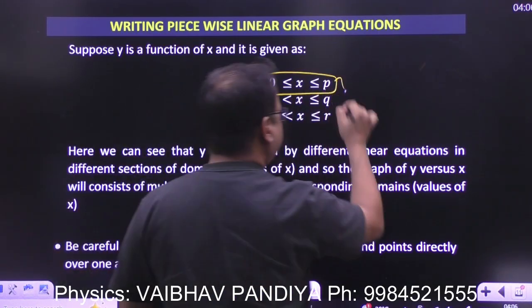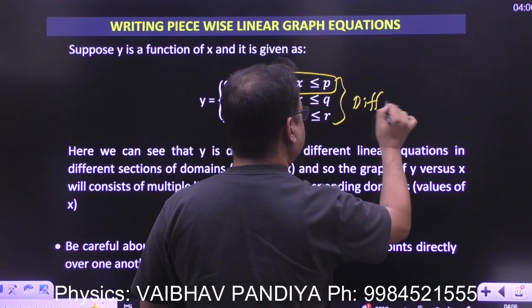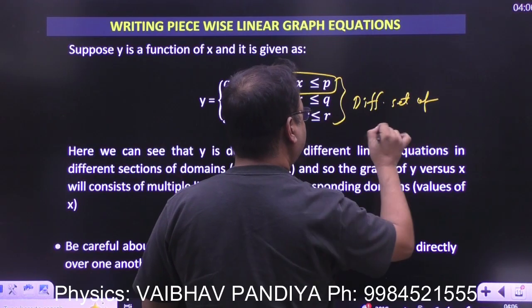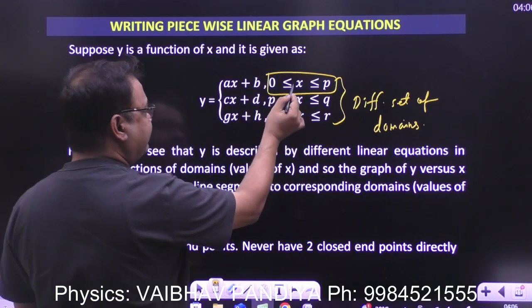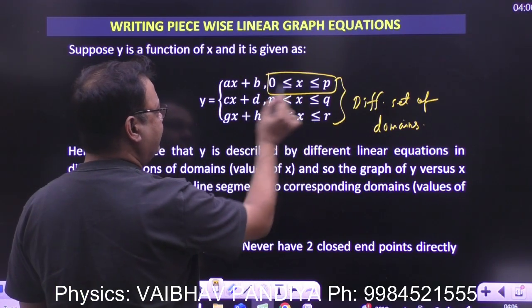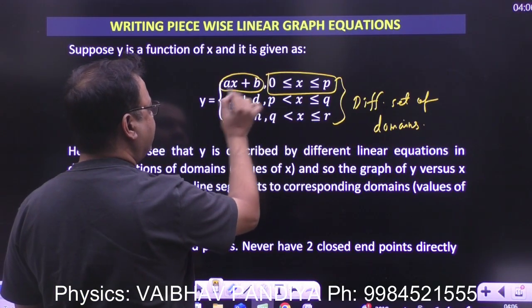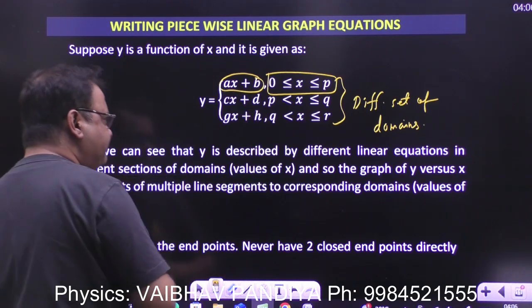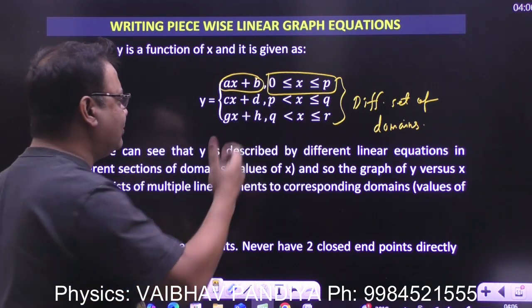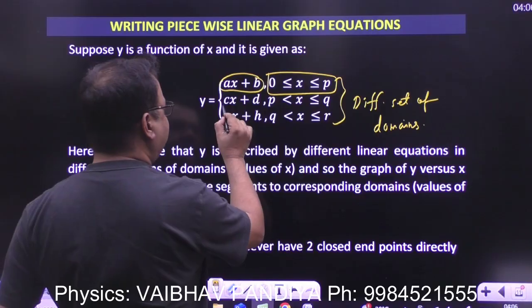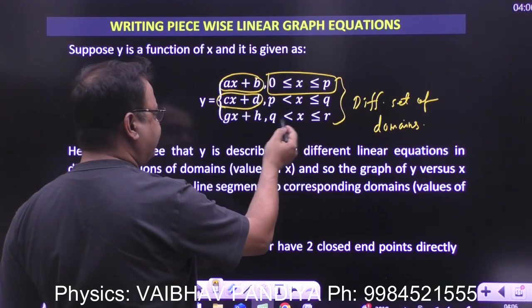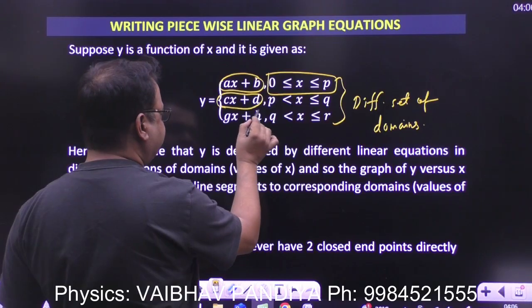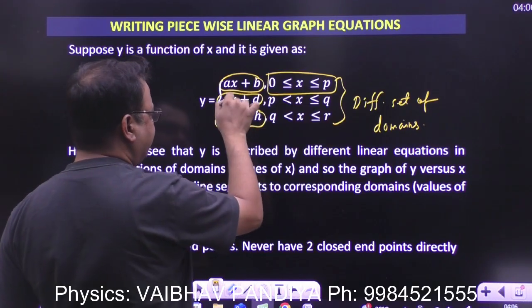These are different sets of domains. So when x is lying between 0 and p and both are included, then the function is described by, say, a linear function ax plus b. When x is greater than p and less than or equal to q, say the function has the format cx plus g. And finally, when you are in the range of x between q and r, the function has something like gx plus h. All three are linear functions.